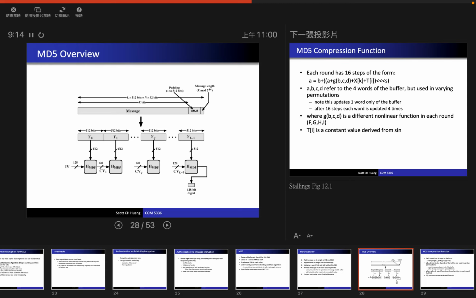So the message is like this, and we chop it into blocks, and each block is fed into MD5. We digest each block one by one. This way we can do message digestion. By the way, MD5 stands for message digest. This term was coined by Ron Rivest.